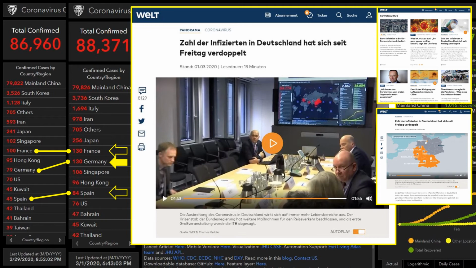So anyway, we see a bunch of people here in a room looking at the same stuff we're looking at. They have the Johns Hopkins site up in the background. So these are health officials. There's no hot news. And if you go on the right, it shows the country map. The first case was in Berlin yesterday, they announced, but there's scattered cases all over Germany.